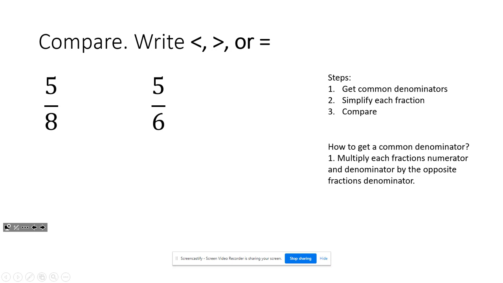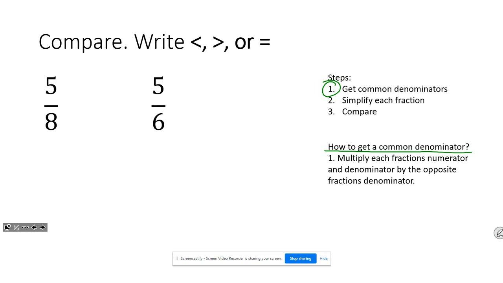A couple more questions here, and then we'll continue on Monday. We're going to compare these fractions and then write less than, greater than, or equal to. So first step we need to do is get our common denominator. And how do we get our common denominators? We multiply each fraction's numerator and denominator by the opposite fraction's denominator.